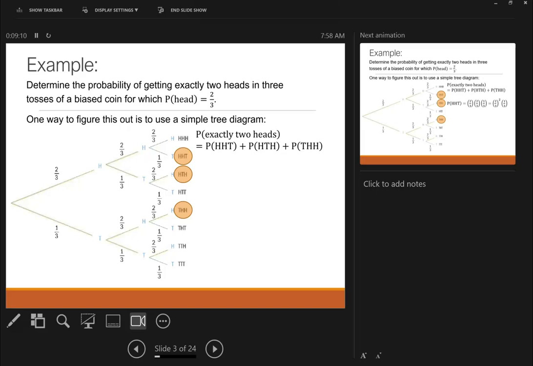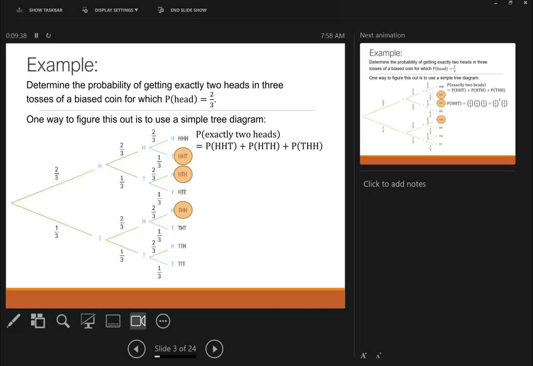So I would calculate those 3 probabilities and then add them up. Everybody's okay? So again, exactly 2 heads could come heads, heads, tails, or heads, tails, heads, or tails, heads, heads. What does "or" tell us when we talk about probabilities? Adding.